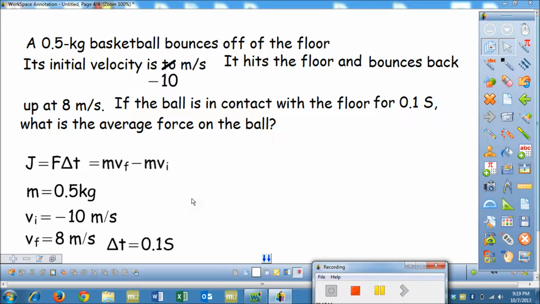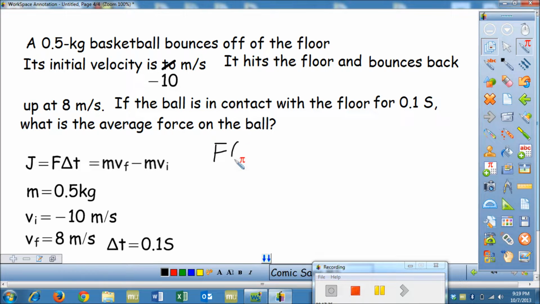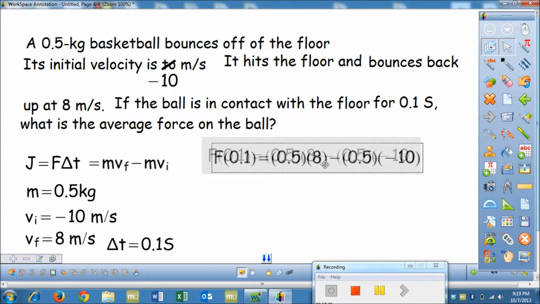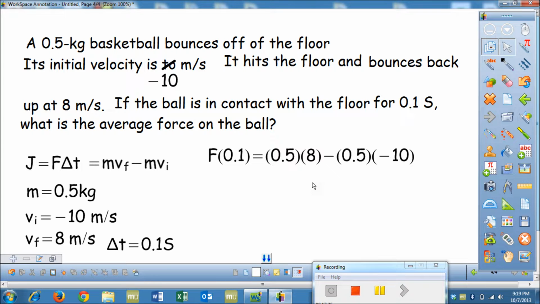Okay, so we're trying to find the force, F. We know that F delta T equals m v final minus m v initial. So F times 0.1 equals 0.5 times 8 minus 0.5 times negative 10. Let me just do this in my calculator quickly.